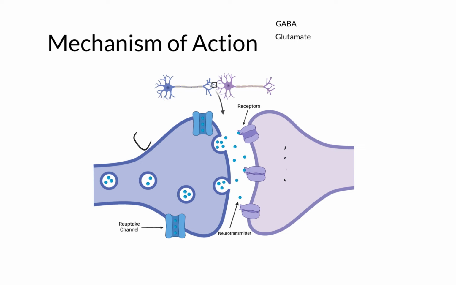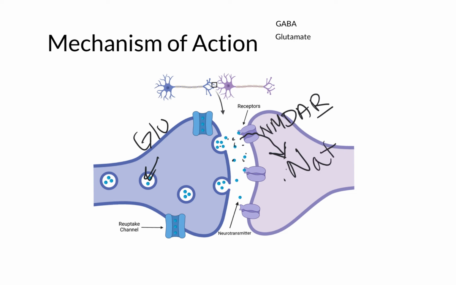So if this now is a glutamate neuron, it would contain glutamate in its vesicles, and whenever glutamate is released from the vesicle into the synaptic cleft, it binds to its receptors called NMDA receptors, NMDAR, R for receptors. And when glutamate binds to its receptor, it allows the influx of positively charged ions, like sodium, for example.